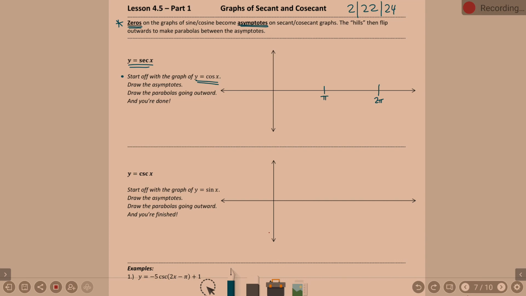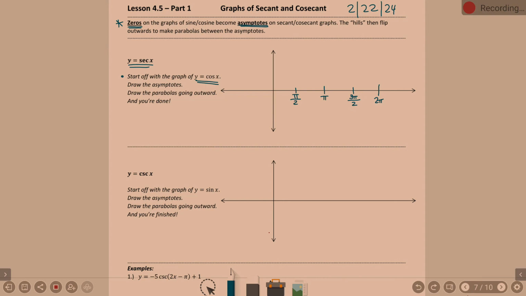And then you still at least need tick marks, right? Break it into fourths. What's the middle of 0 and pi? Pi over 2. What's the middle of pi and 2 pi? 3 pi over 2, right? Because we've got 1 half, 2 halves, 3 halves, and 4 halves, if you will.